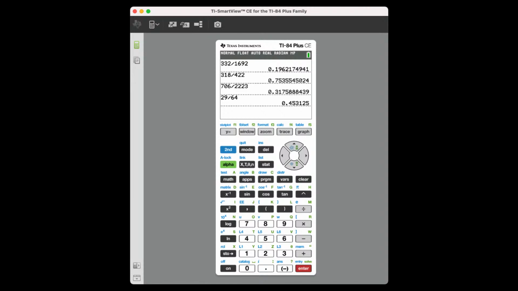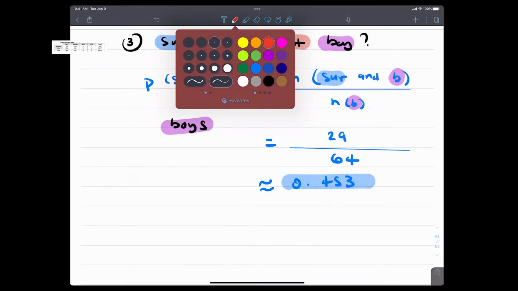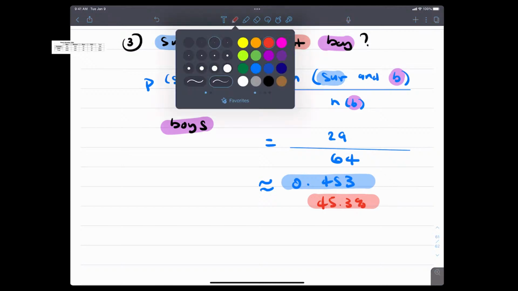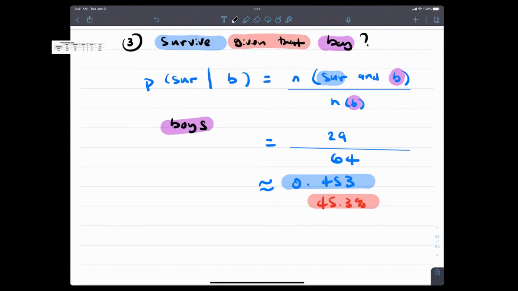What is this as a percent? 45.3%. So we can say 45.3% of the boys on the Titanic survived. What do you guys think about that?